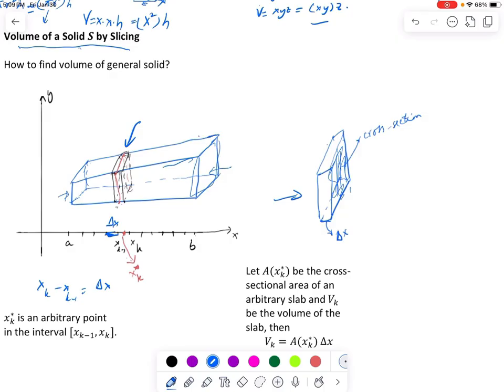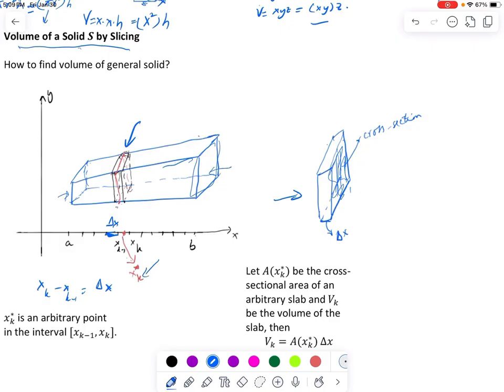Actually, in chapter 5 we learned that. Now we pick an arbitrary point inside this interval. Where should it be? It doesn't matter. Should it be in the middle? Yes, it can be in the middle. Should it be anywhere else? Yes, inside the interval, anywhere. We pick an arbitrary point and denote it by x_k star.